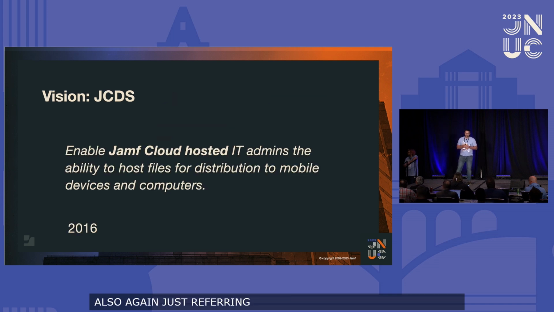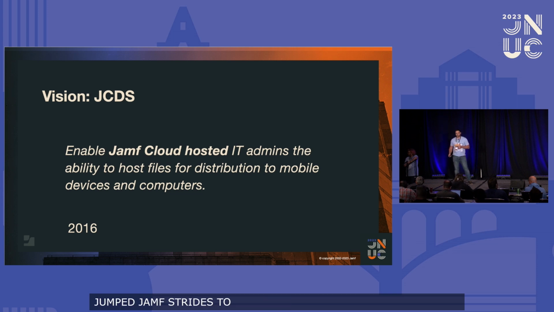So putting some history and vision behind the JCDS: in 2016, as Jamf was beginning to support Jamf Pro in the cloud, we wanted to enable a Jamf Cloud hosted distribution service as well, so that admins could use it to store their digital content. This is really important to Jamf because we feel strongly that admins shouldn't have to worry about managing and maintaining their infrastructure. Rather, Jamf strives to give that time back to admins so they can focus on supporting their end users and their Apple ecosystem.